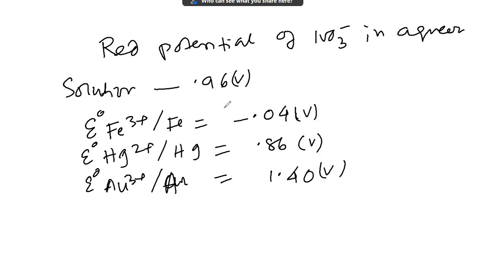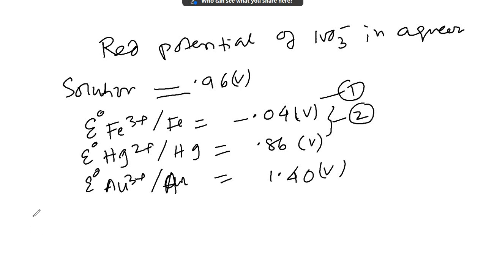Now the question is, which of the two metals will be oxidized by NO3 minus in aqueous solution? It is a redox reaction. If NO3 minus is reduced, the other will be oxidized. The reduction potential of NO3 minus in aqueous solution is 0.96 volt. I will check whose reduction potential is less than that. In case 1 and case 2, the reduction potentials are less than 0.96 volt.